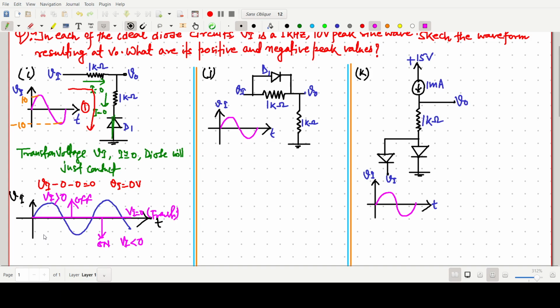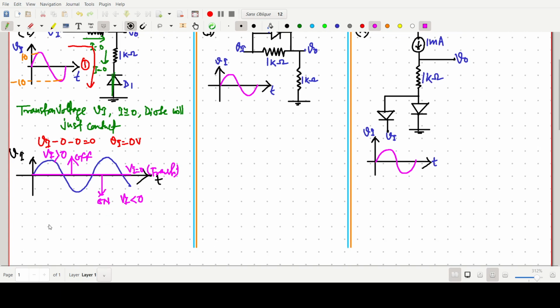When Vi is greater than 0, D1 will be in the off state.